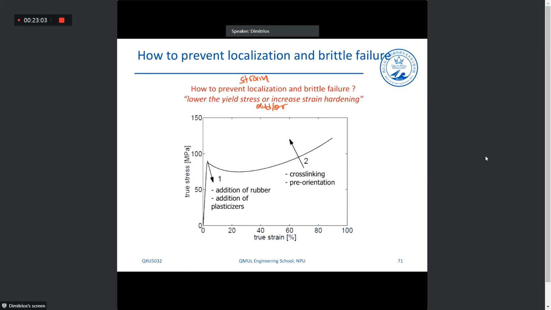which we saw yesterday, what we do is that we avoid the strain localization. We achieve a wide distribution of strain, and we achieve a delay of the crack propagation within a polymer, so avoid any brittle fracture.